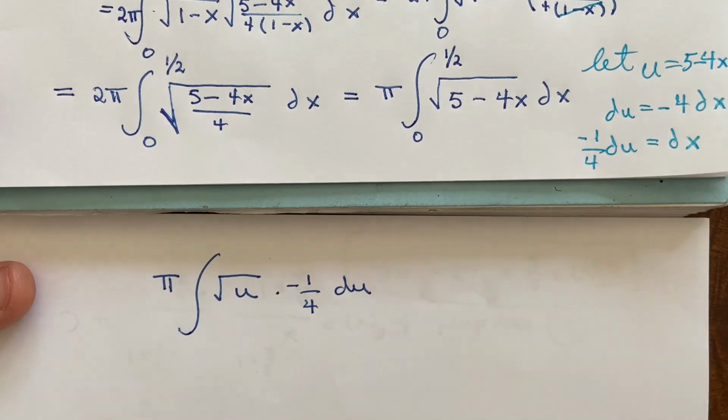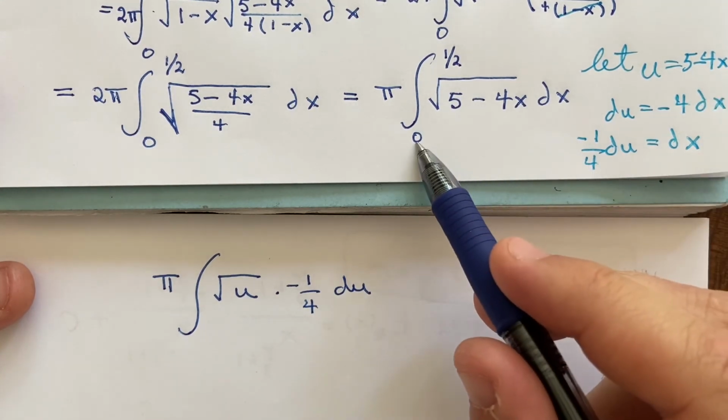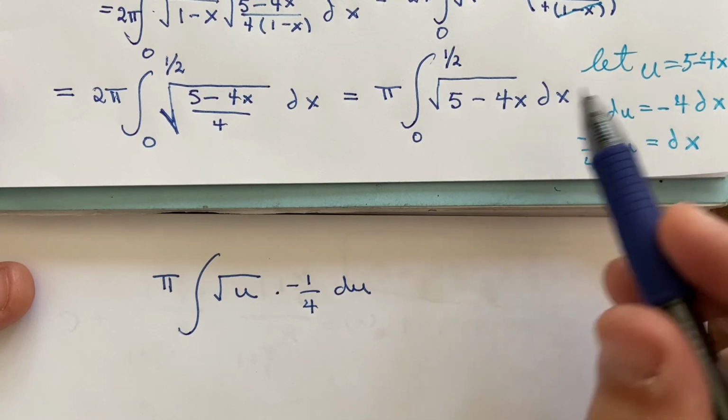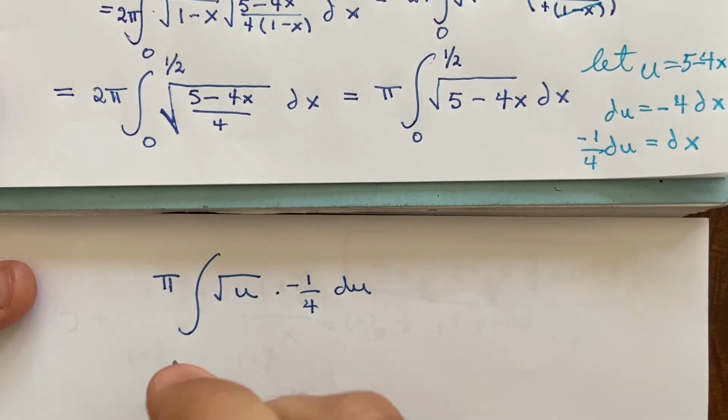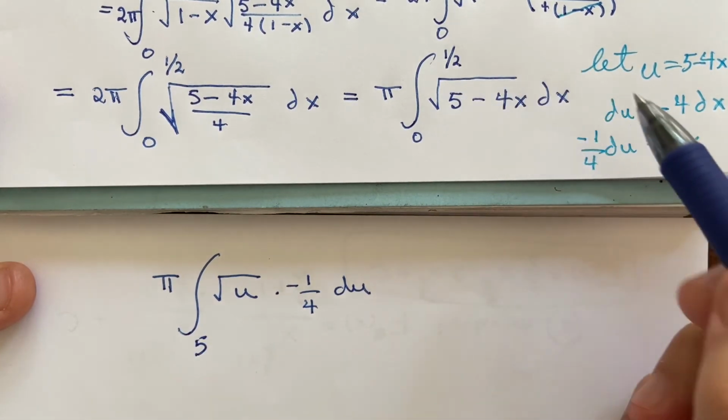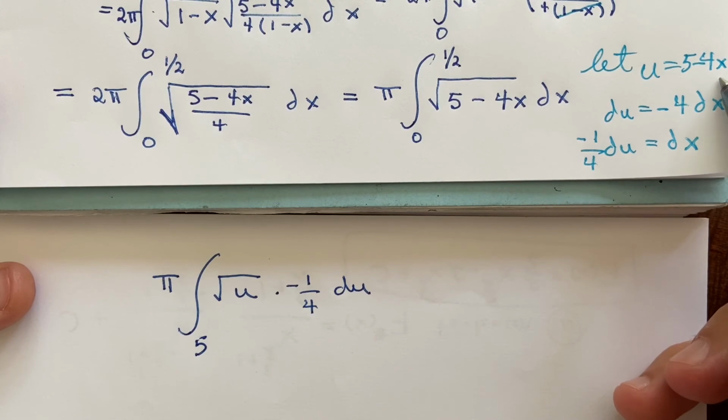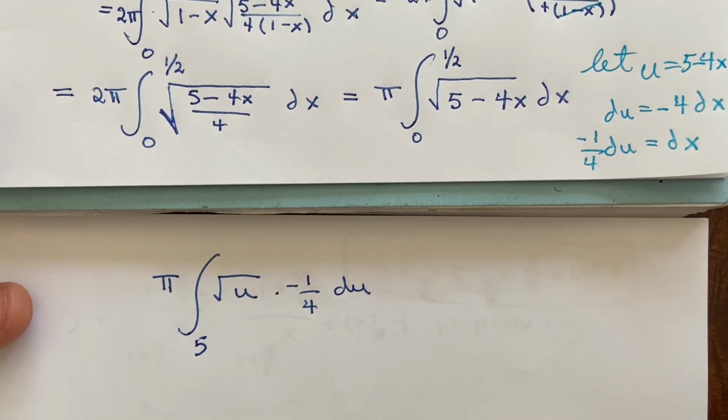I can go ahead and change my limits now. So if I want to switch my limits, I can. So plugging in a 0 to the substitution, my new lower limit would be a 5. Plugging in a 1/2 into the substitution, my new upper limit would be, well, 1/2 of 4 is 2, I'd have a 3 up there.